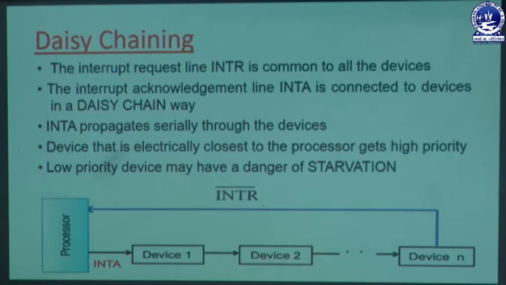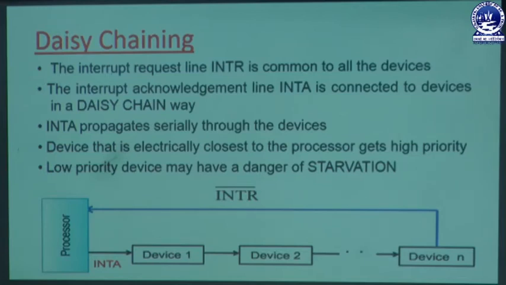If device 2 has some interrupt to be serviced, then it will accept this acknowledgement signal and tell the processor that it has to process the interrupt of device 2. After execution of the interrupt of device 2, it will forward this interrupt acknowledgement signal to the next device. So in this way, this interrupt acknowledgement signal will be forwarded from one device to another.